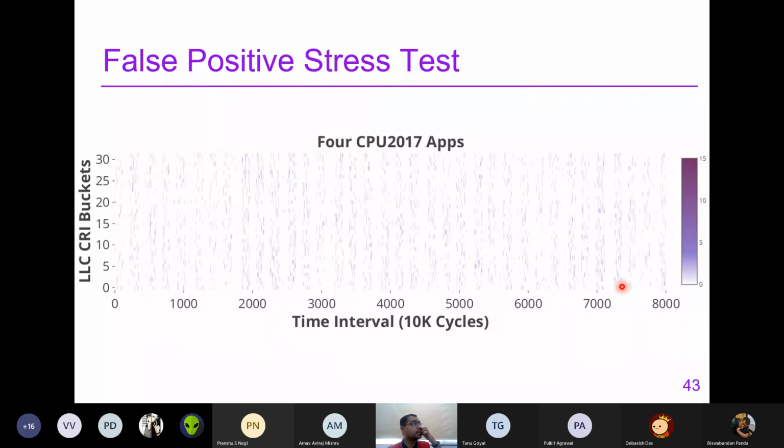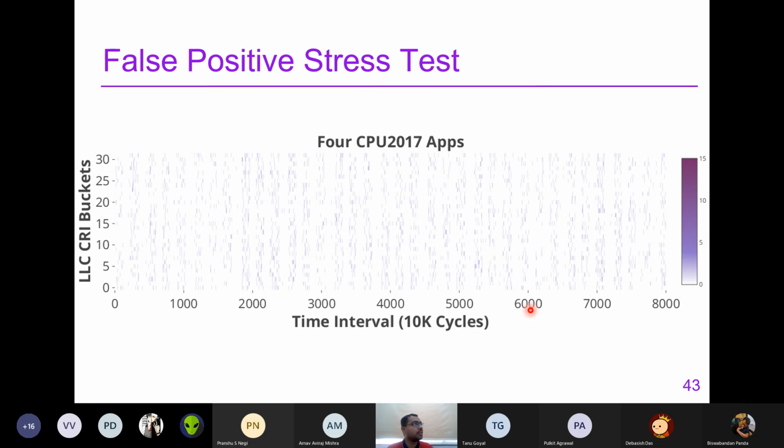Coming to the results, here they are showing how many cyclic resource interferences are occurring in a given time interval. This is a heat map, and this is a false positive stress test. Whatever benchmarks they have considered are harmless SPEC 2017 benchmarks, so ideally there shouldn't be any dots in this graph, but there are some dots.